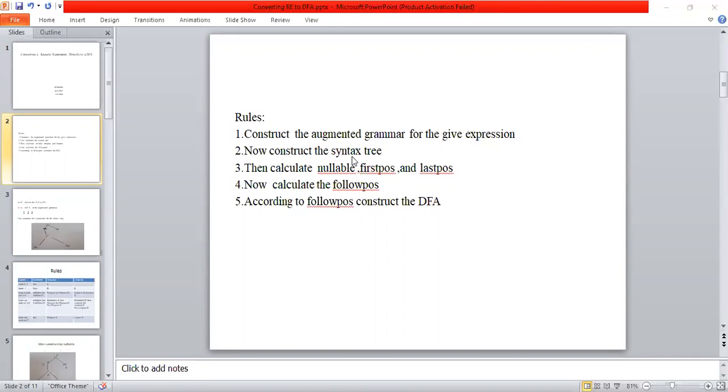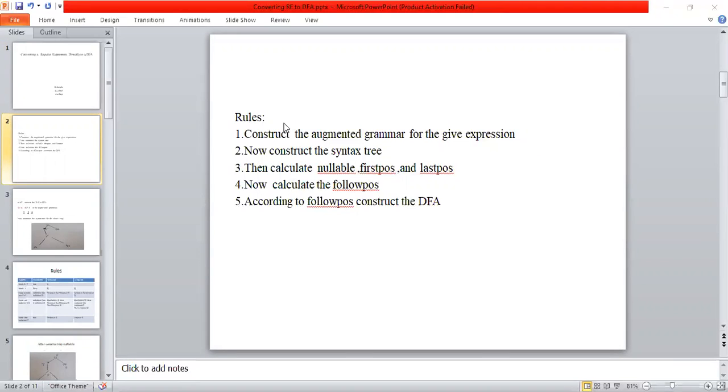Then, once the syntax tree is done, calculate the nullable, firstpos and lastpos values for the syntax tree. After that, calculate the followpos. Finally, once we know the followpos, we can convert it into a DFA. So these are the 5 steps, or 5 rules, required to convert a regular expression to a DFA.